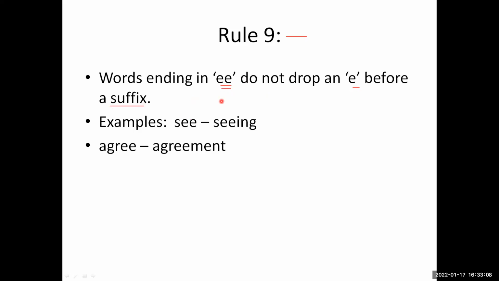One E is not dropped, the double E remains as it is. See the example, here it is see. If you want to use it with ing, it becomes seeing. So both Es are as they are. It is not dropped. Agree, agreement. It is as it is.